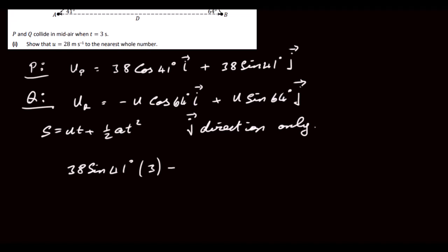So it's going to be minus half of 9.8 times t squared, which is 3 squared, 9. That has to be equal to the distance that Q has travelled at the point of impact in the J direction. Again, that's ut plus half at squared. The initial velocity is u sine 64 degrees times the time it takes for Q to reach the point of impact.